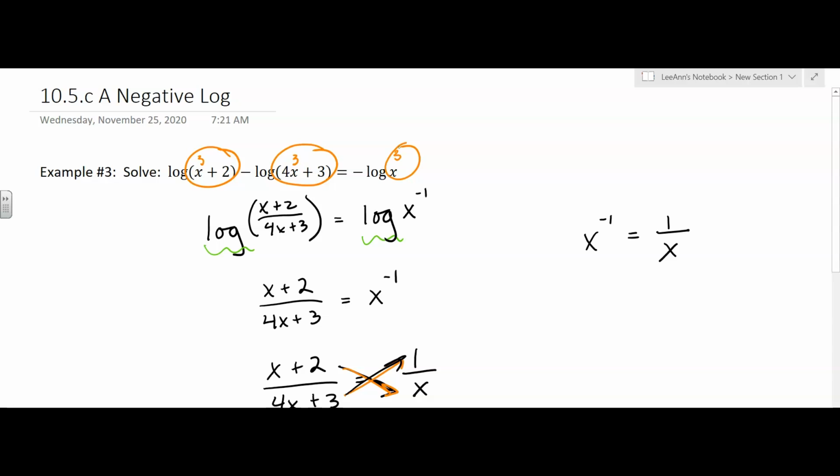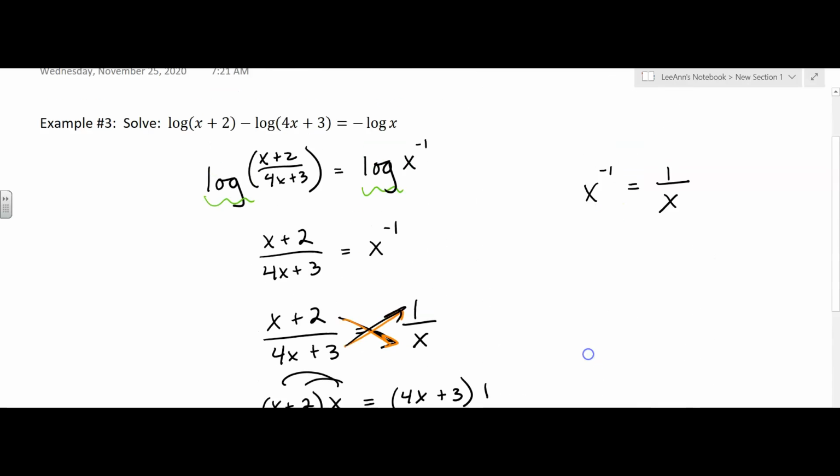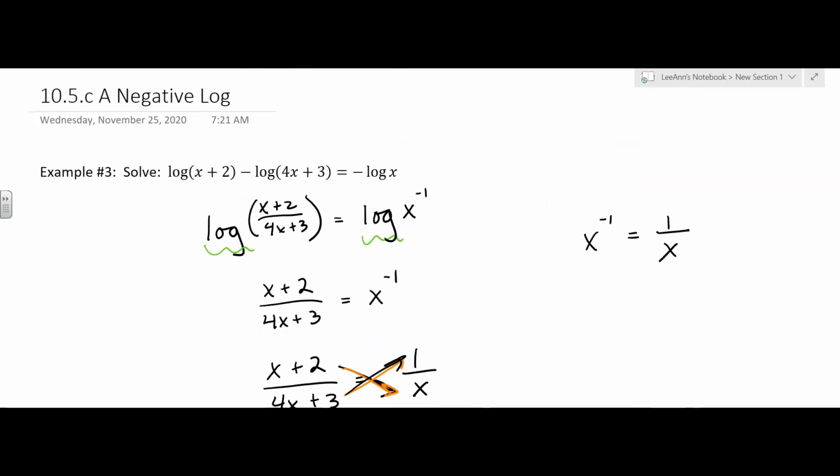Now I'm going to check the negative 1. Was that the other answer? I forgot the other answer. It was negative 1. Can I put in a negative 1 here? Yeah, that's okay because negative 1 plus 2 is 1 and that's positive. Can I put in a negative 1 here?